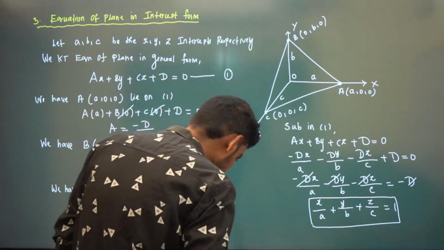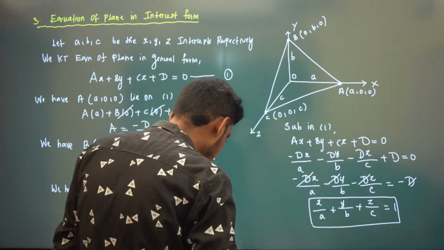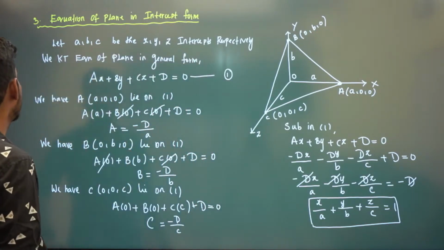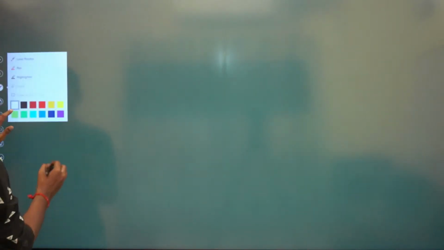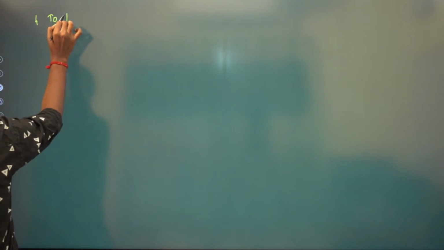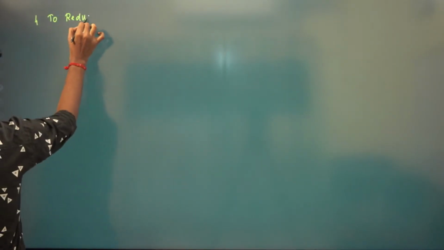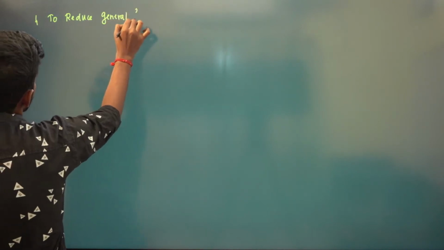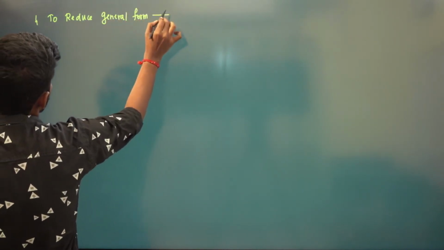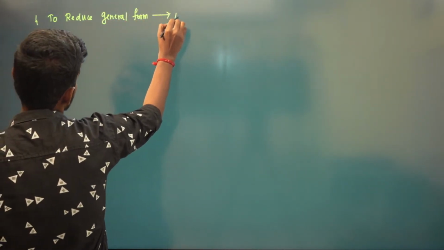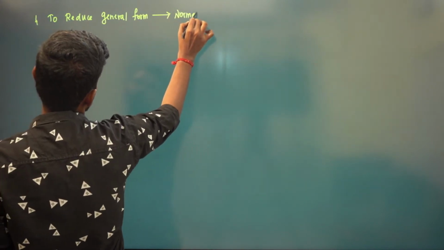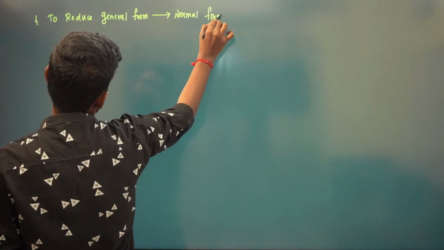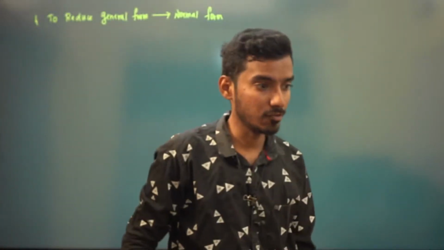Okay. Now to reduce general equation to normal form, very simple, right? If you know general form, how will you find equation in normal form?